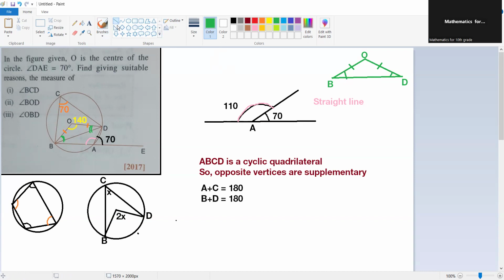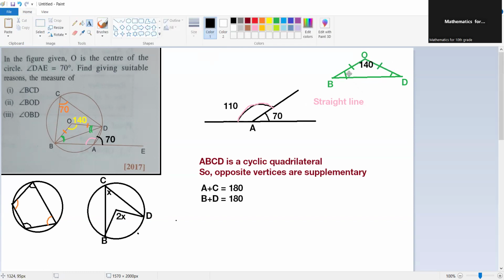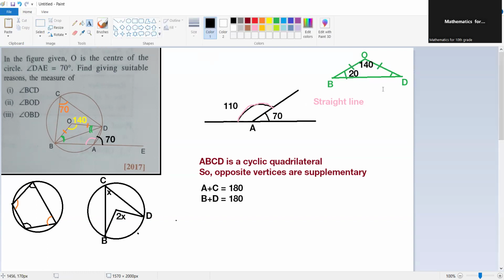But if you notice, the sum of the angles of a triangle should always be 180. Since angle O is 140, which I'll mark in black, each of these two angles has to be 20, because only then they will add up to 180.